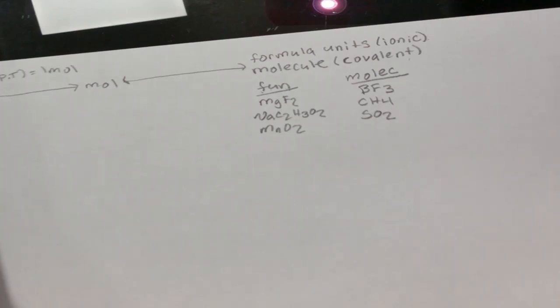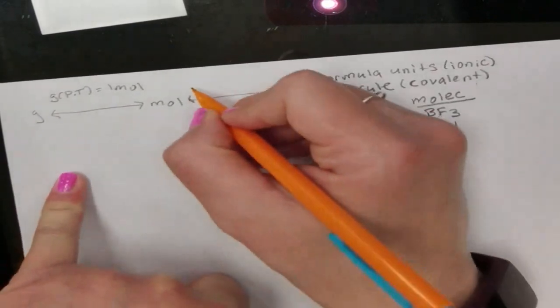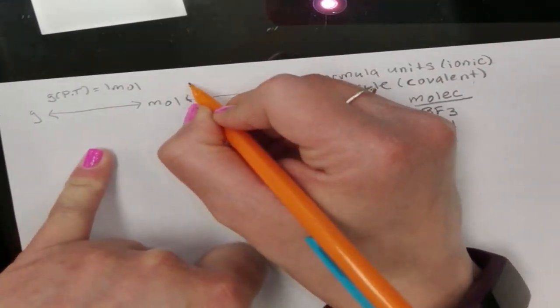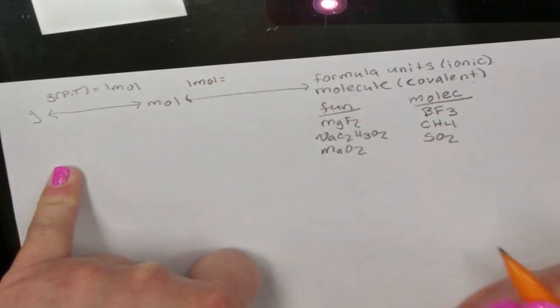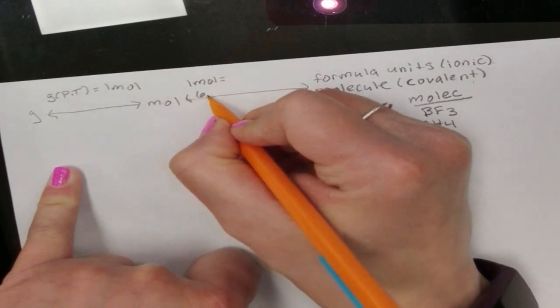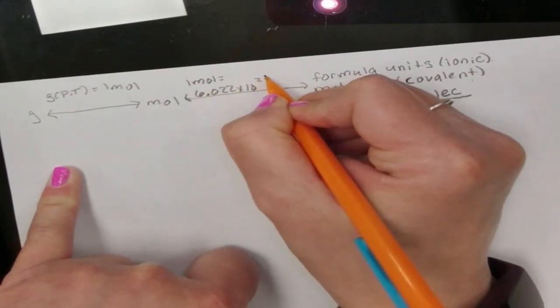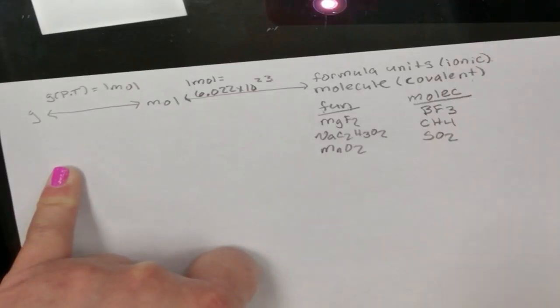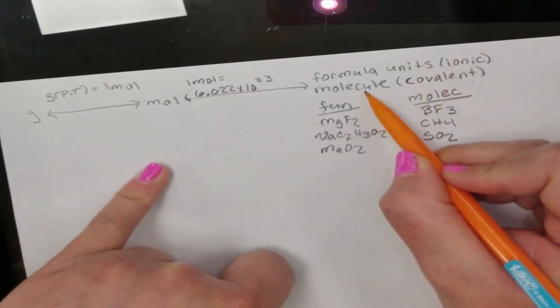Now, what is our conversion factor? 1 mole is going to equal 6.022 times 10 to the 23rd formula units or molecules.